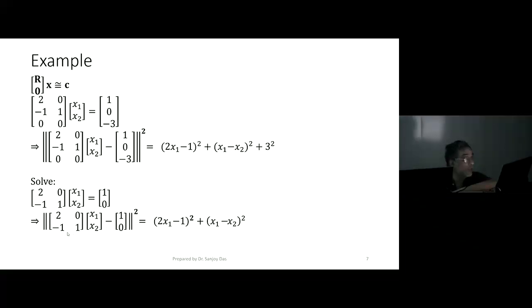And the second row gives us negative 1 times x1 plus x2, so x2 minus x1 or x1 minus x2, doesn't make a difference, minus 0. So this term, right? Now you can see the difference here. What's the difference? This part, correct? The 3 squared is the difference.